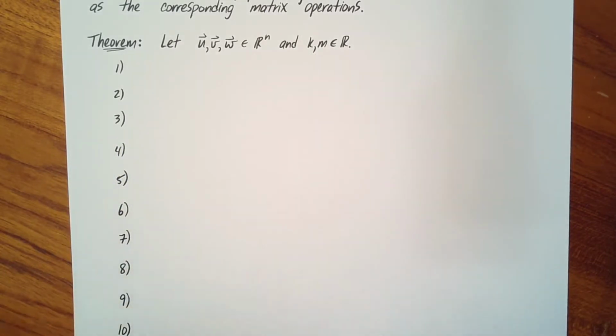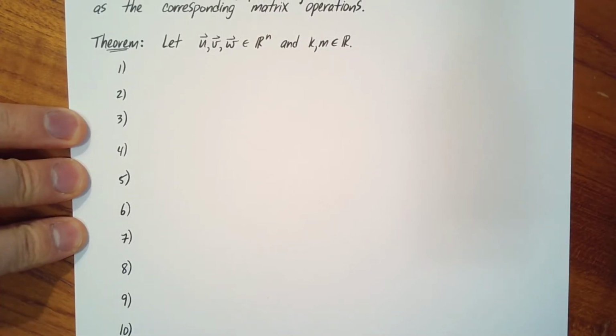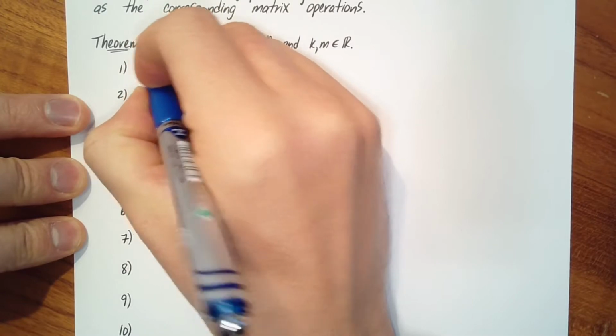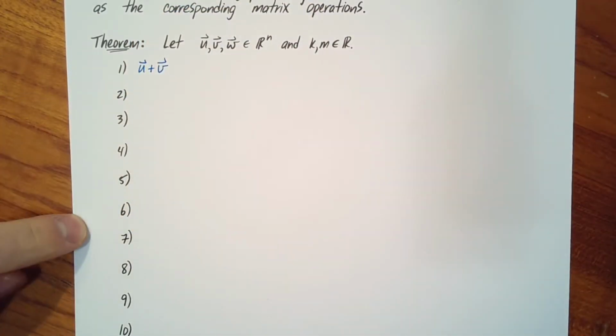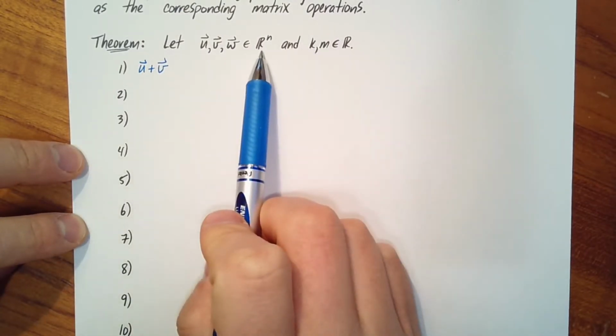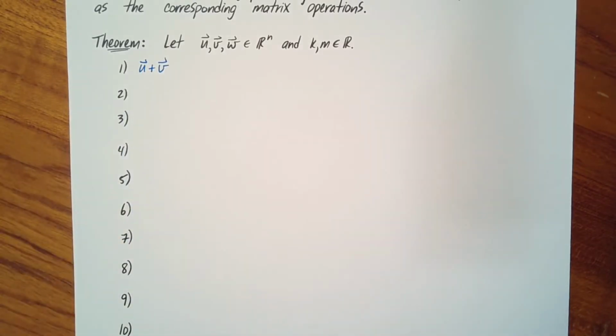So here are the properties. We'll start with the commutative property of vector addition, and this is going to look very much like one of the properties of matrix addition. If you take u and v and add them, and they have to be of the same dimensions for the addition to be compatible, and if u, v, and w are all in Rn, they have the same number of coordinates, then we're free to add these.